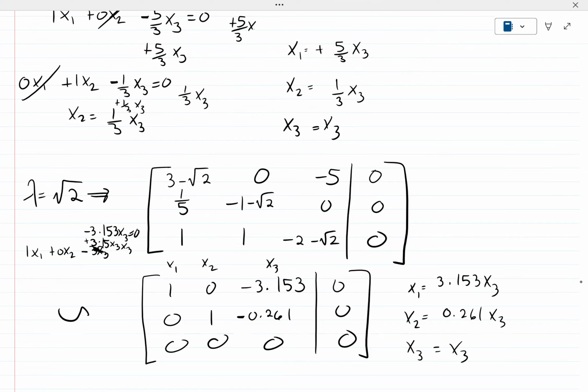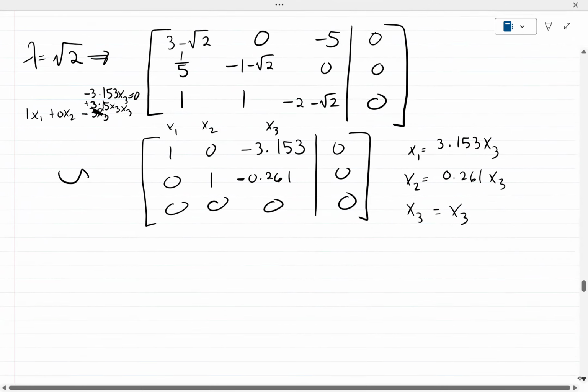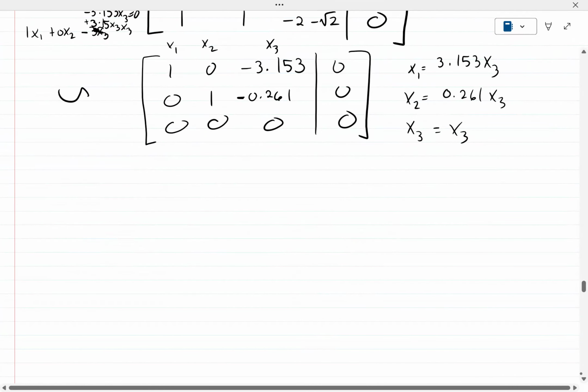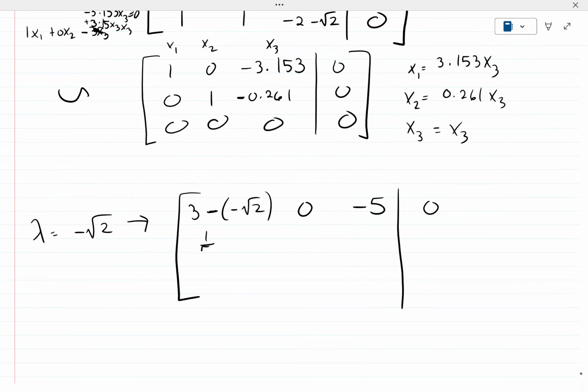Okay, so remember it was plus or minus square root of 2, so now we have to do the same process when lambda is negative square root of 2. So I'm going to do that now. When lambda is equal to negative square root of 2, I'm going to get this: 3 minus the lambda, which is negative square root of 2, 0, and minus 5, 0, and then this is going to be 1/5.